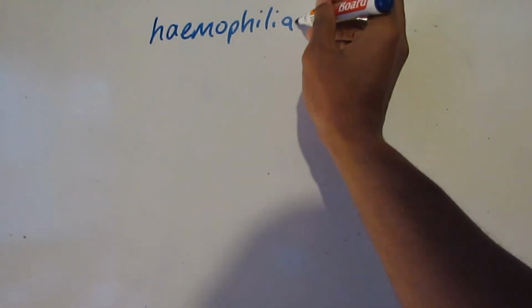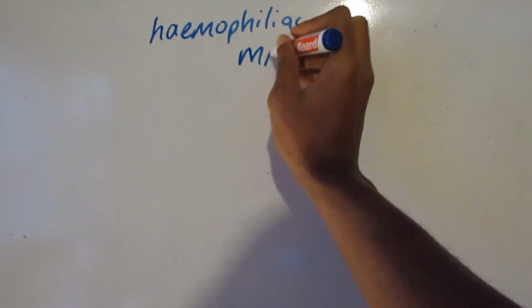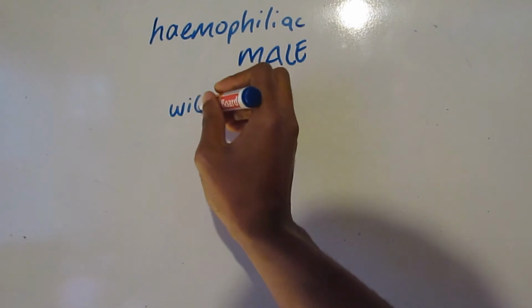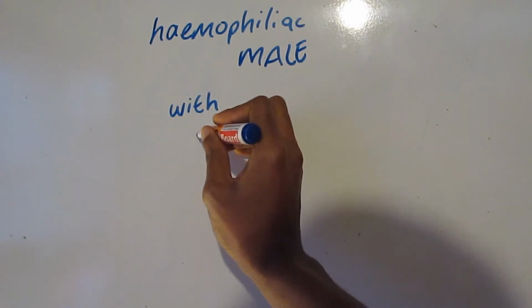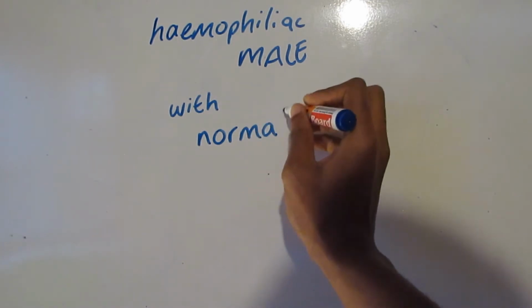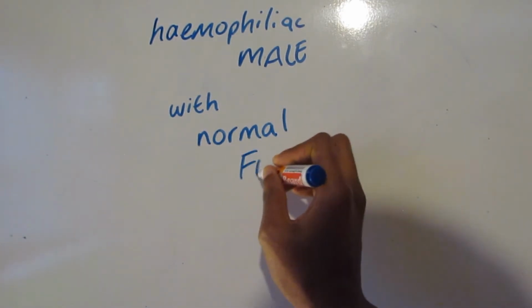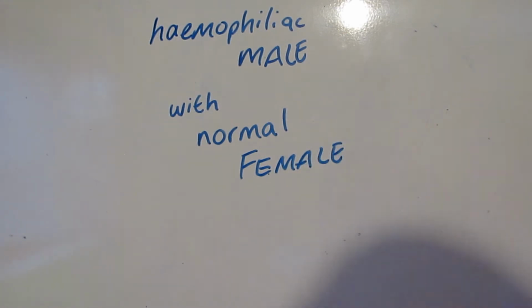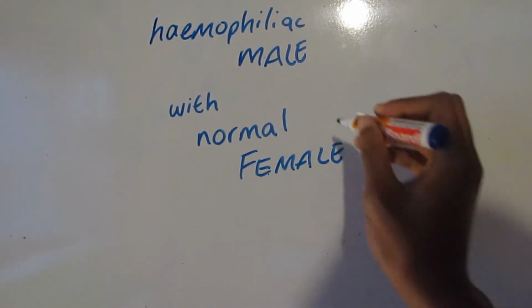If we take a scenario where we have a hemophilic male and we cross that with a normal female, when we say normal, we are saying a carrier. So normal being unaffected, however, they are carrying an allele for this disorder.